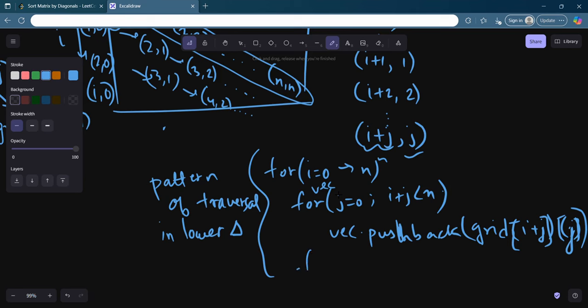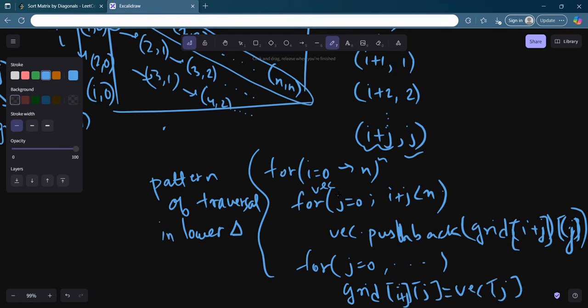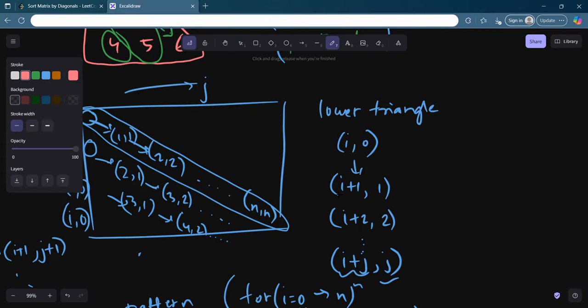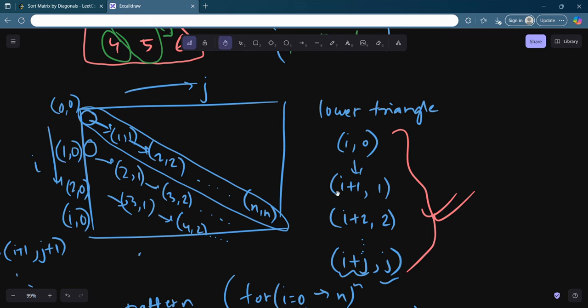And then in another loop, you can easily replace the grid of i plus j comma j by the vector of j. Okay, I hope this is very simple for you to understand, and it is not at all difficult. All you need to do is observe this pattern, and in order to observe this pattern, you don't need to do anything special. You just write however way it is following. Okay, so I hope you get it easily.